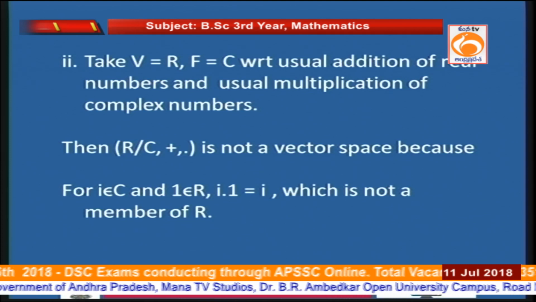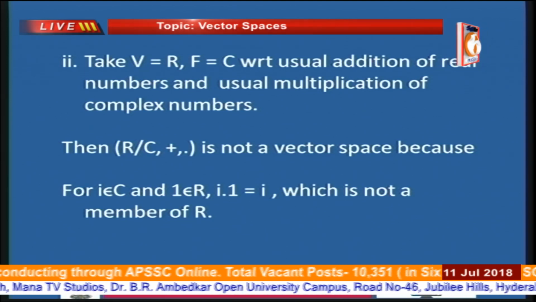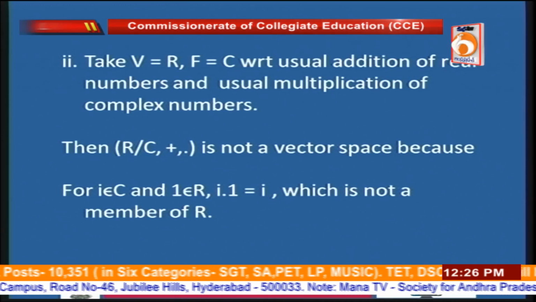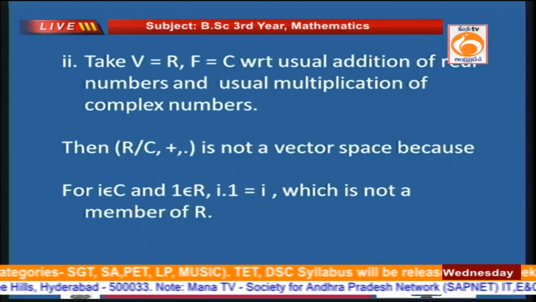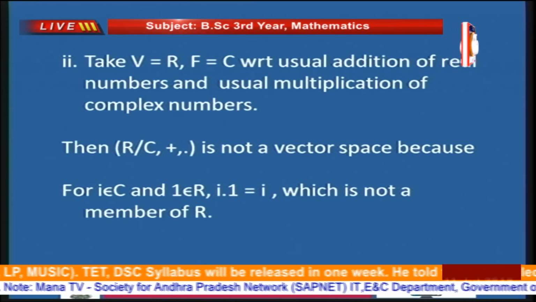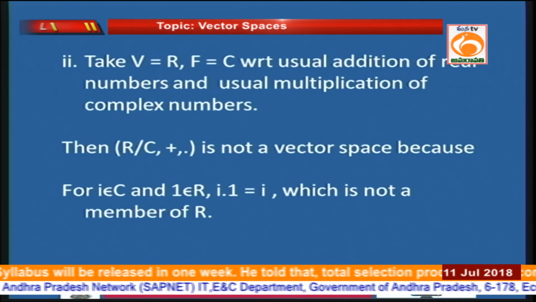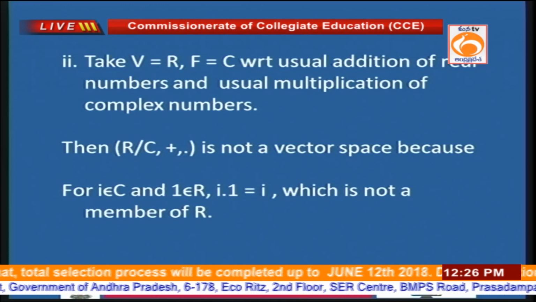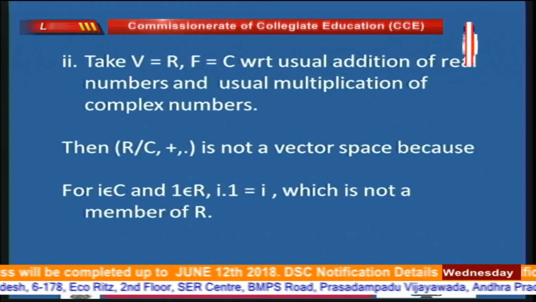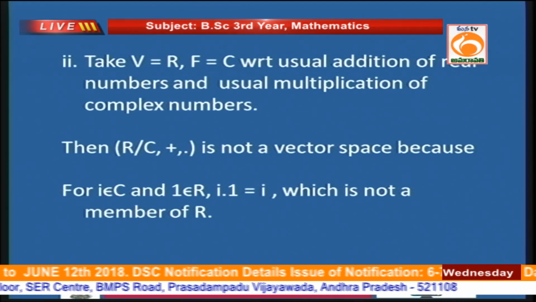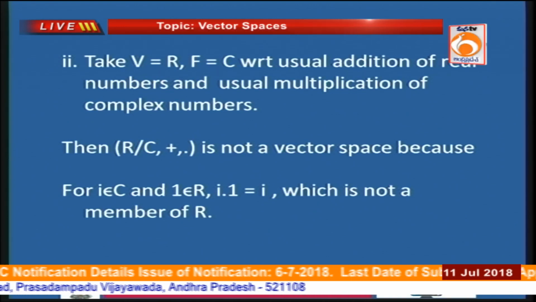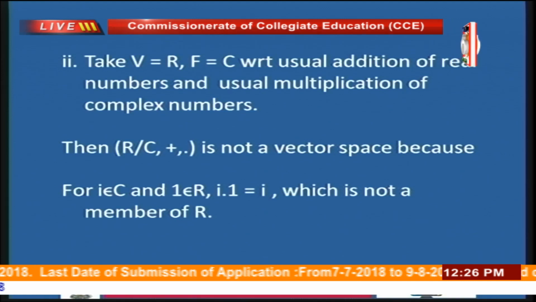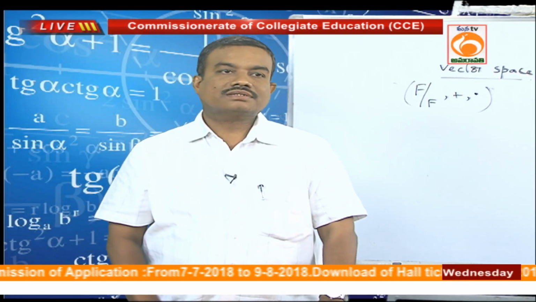So, you take an example, i, which is a complex number, and 1 belonging to R. You multiply them, i dot 1, you get i. But this has to be in V, which is the set of real numbers, but i is not a real number, we know. i is the imaginary number. So, i is not a member of R. So, this is not a vector space. So, the set of real numbers over the field of complex numbers is not a vector space.